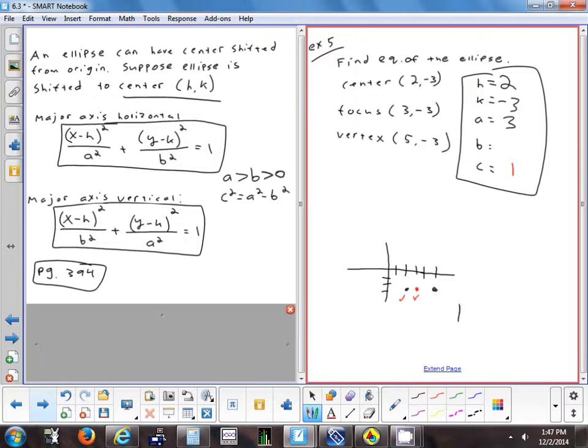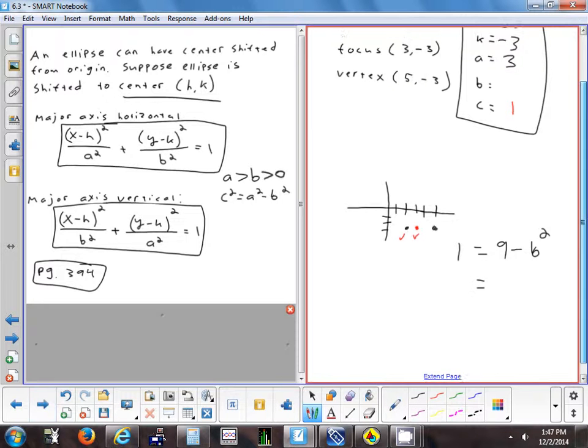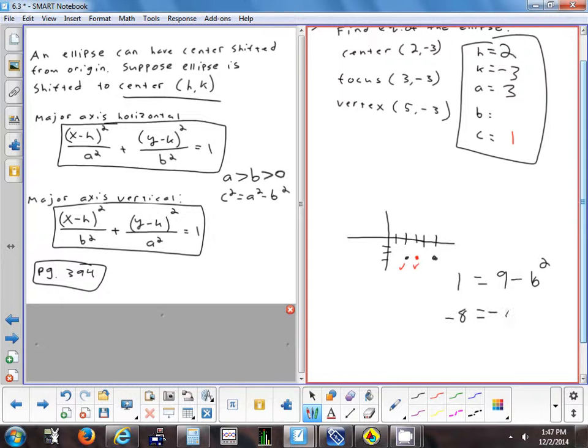So c squared is 1. A squared is 9 minus b squared. What's 1 minus 9? -8. What can you do with the negative on each side? Cancel it. And b is how much? Square root of 8. That would be helpful if I was going to graph it. I'd go square root of 8 units above the center and below the center. But again, we're not going to graph it.